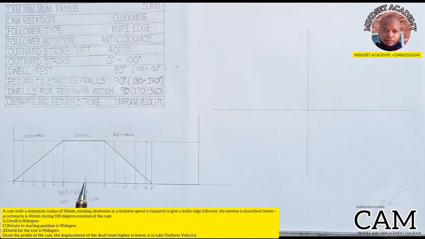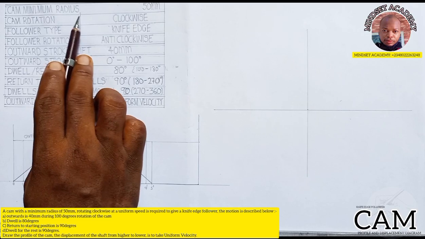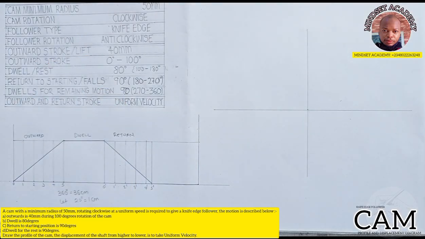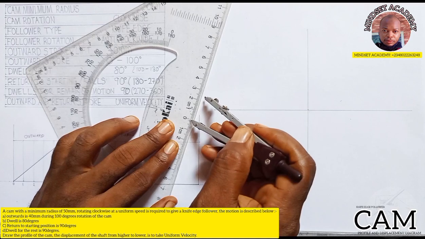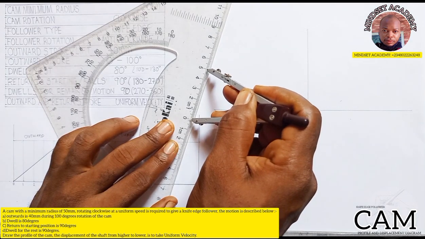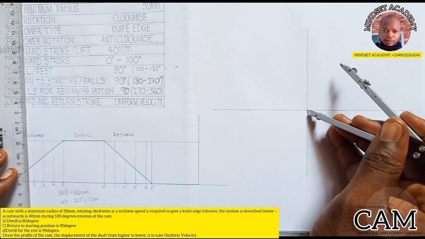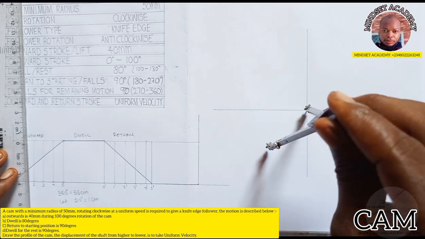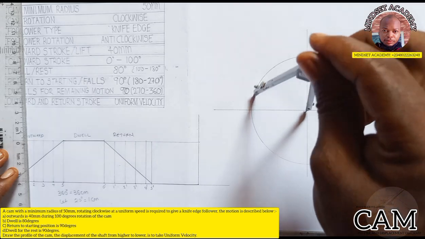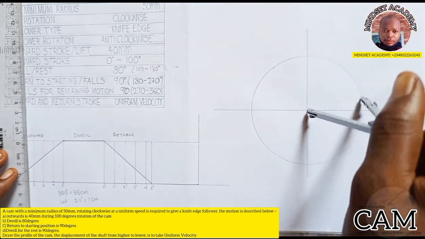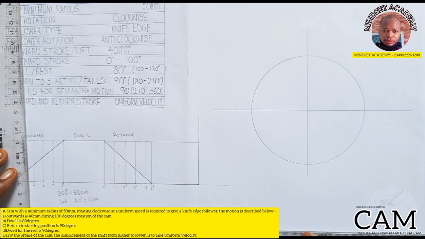We're giving our cam radius to be what? 50. So I'm going to measure 50 from 0 to 50. Can you see that? Then I'll place it here and I'm going to draw a circle this way. Hope you can see that.